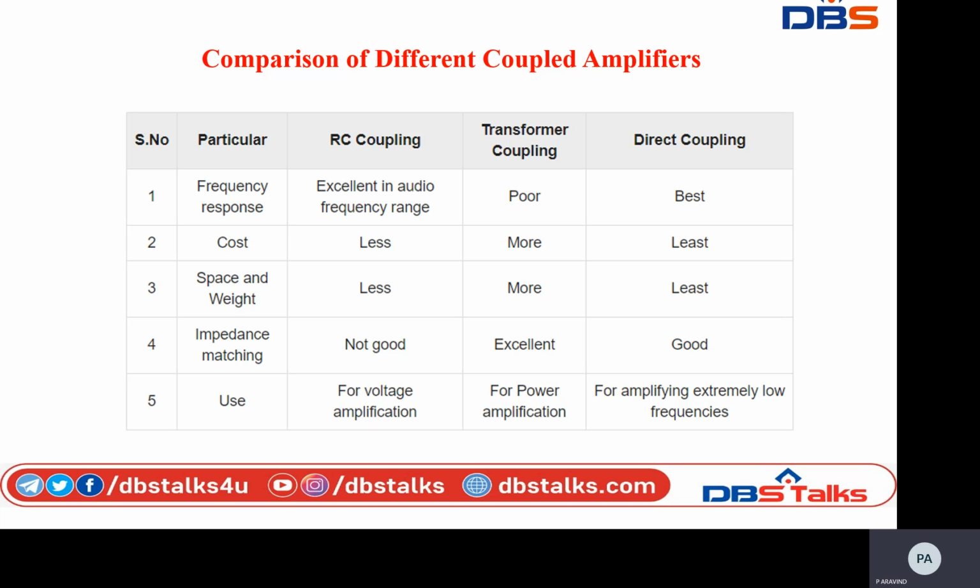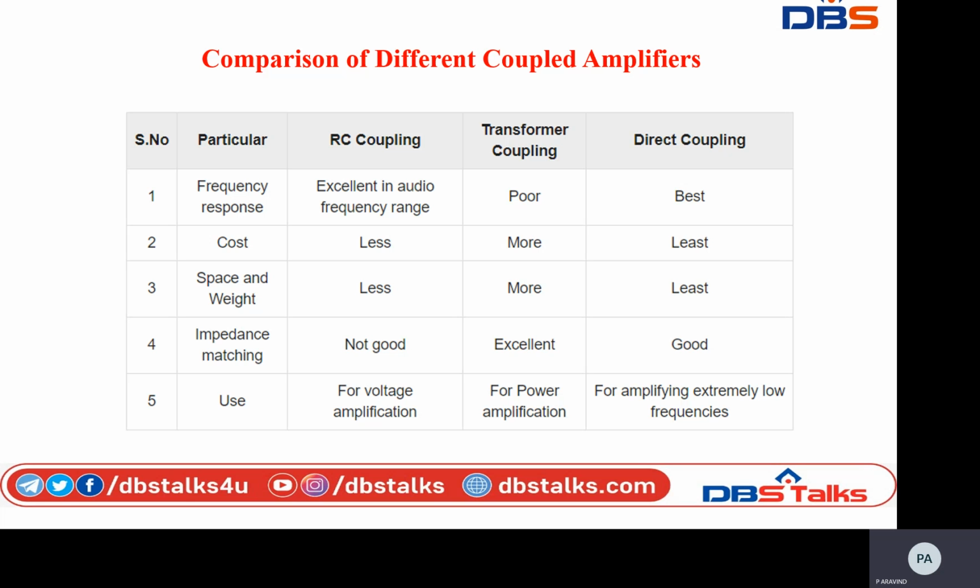The next category is impedance matching. In RC coupled amplifiers, it's not good, but in the transformer coupled amplifier, it's excellent. And in the direct coupled amplifier, it is good.